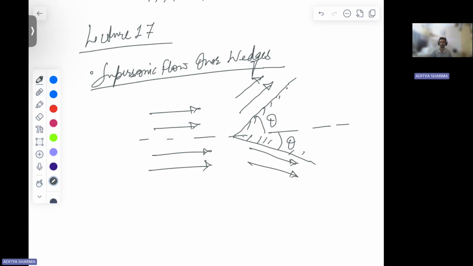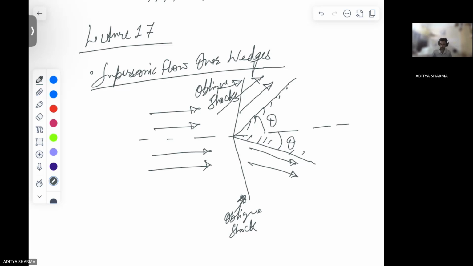So if it is going to direct the flow towards itself, in that case, we'll get oblique shocks. This basically is your supersonic flow over wedges.